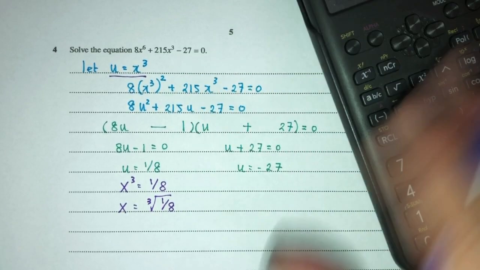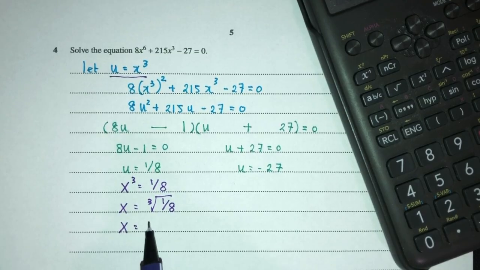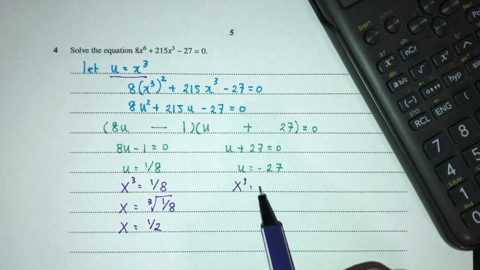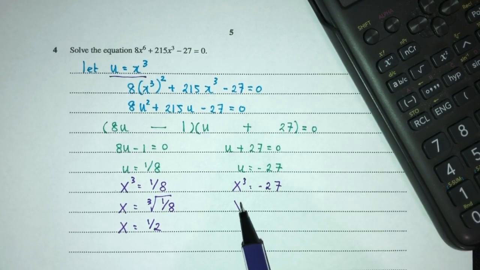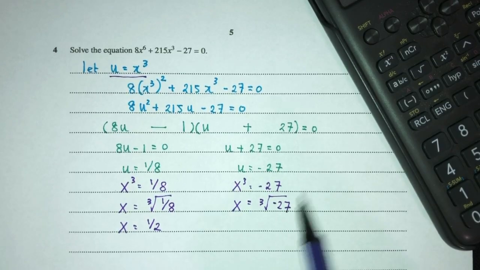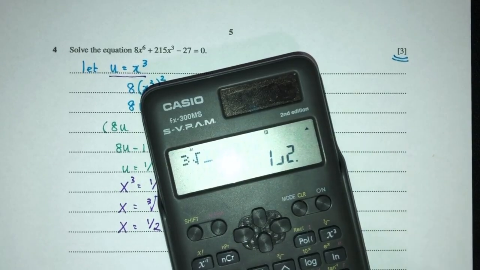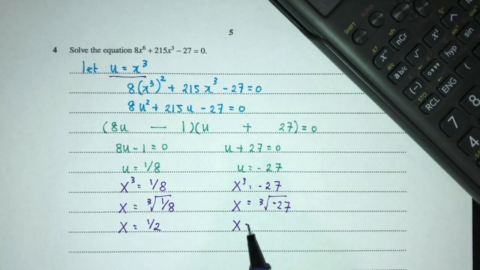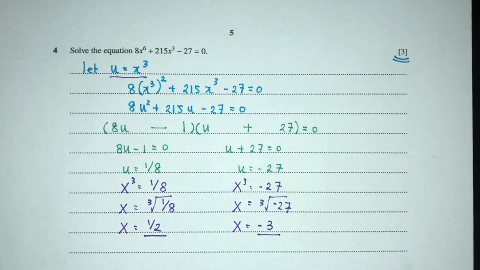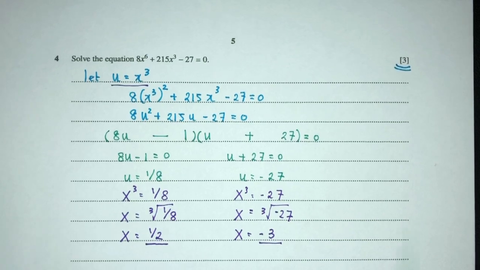That will be half. Same thing over here, so x cubed is a value of minus 27. x will be cubic root of minus 27. That will be minus 3. So these are the two values that we have for a solution for your equation right here, for question number 4. Only for 3 marks.